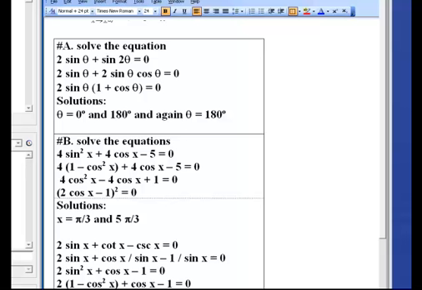Let's try factoring again. Should be, of course, 2 cosine x on the first one, cosine x on the second one, and then we have a minus 1 and a plus 1 somewhere.